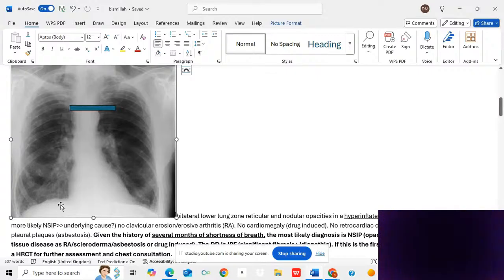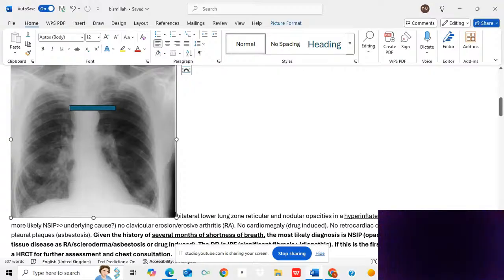But not here, on CT it will be better. There is no hyperdense liver to suspect amiodarone-induced lung fibrosis. So, after suspecting non-specific interstitial pneumonia, you need to suspect the underlying cause.